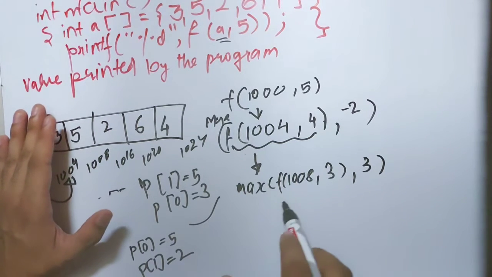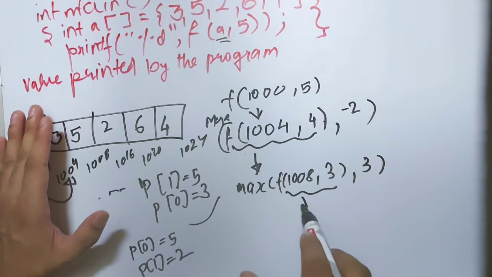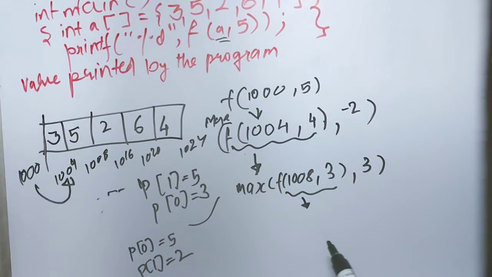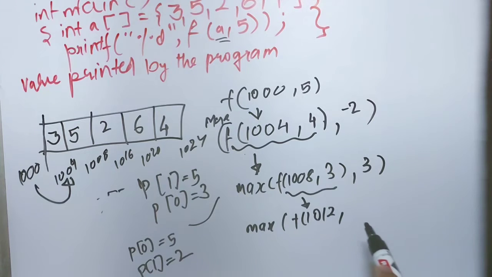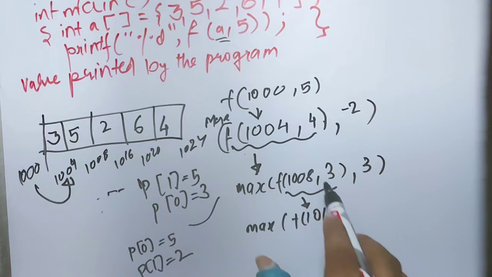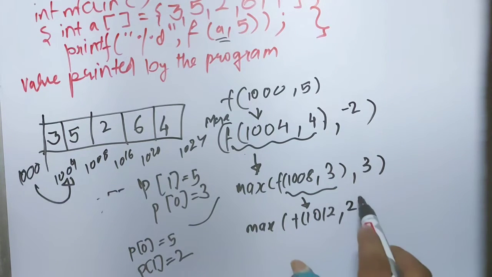Now this internal function will again be called and the if condition will be evaluated as false. So now it points to p plus 1, which is 1008 plus 1, which is 1012, considering that an integer takes 4 bytes in the machine, and n minus 1, which is 2.